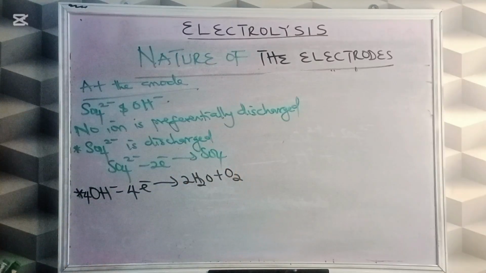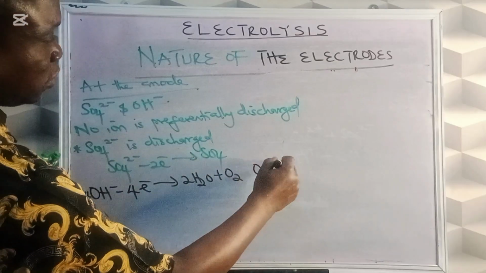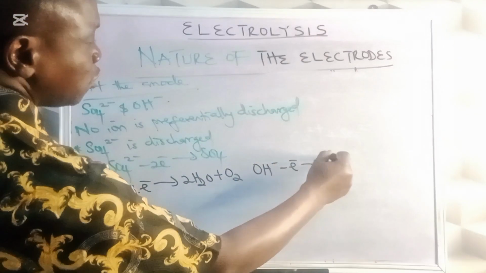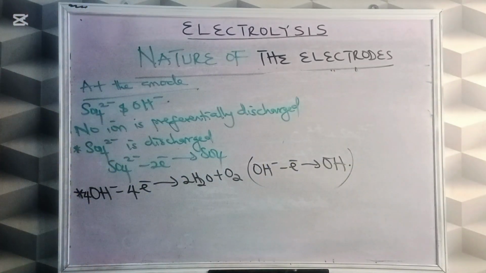Or just say OH minus loses an electron to become OH. All this is likely to happen.